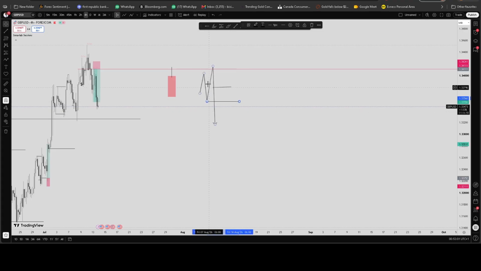Just mark your points of interest, but when you are refining these points of interest on the lower time frame, it's going to filter key levels that are invalid, and you will choose the right points of interest when you refine on the lower time frame.